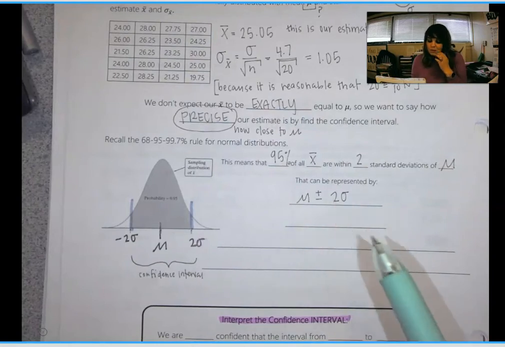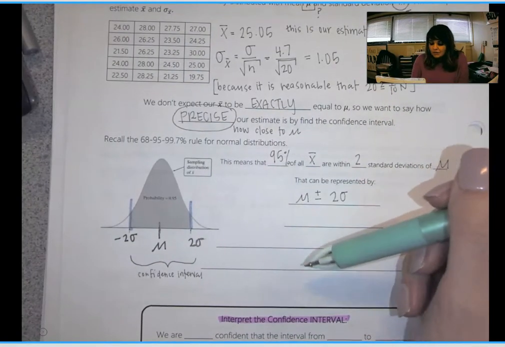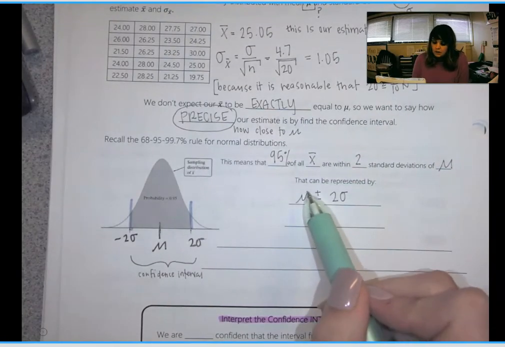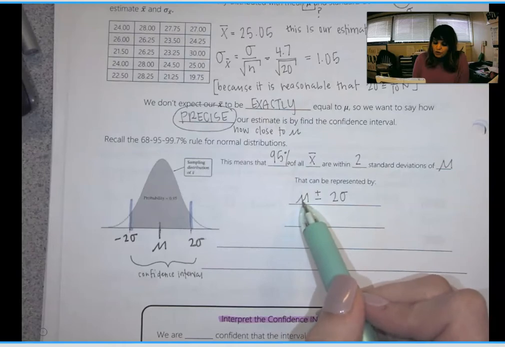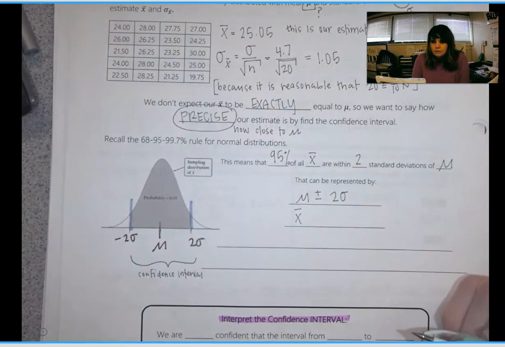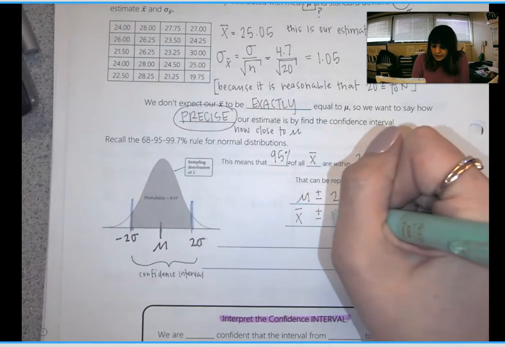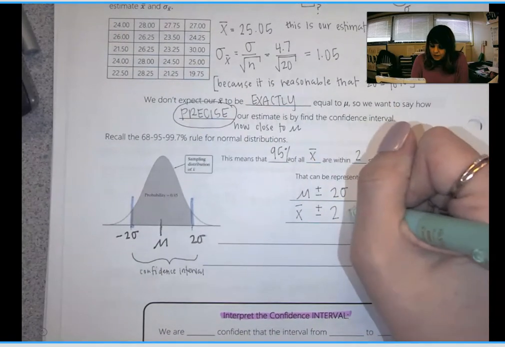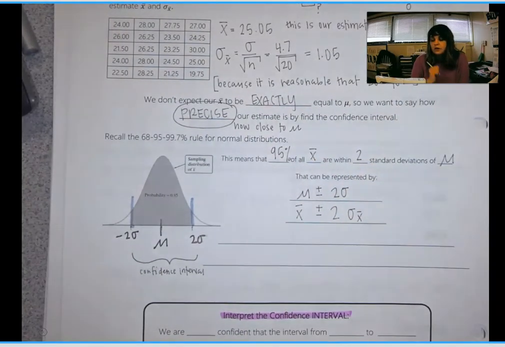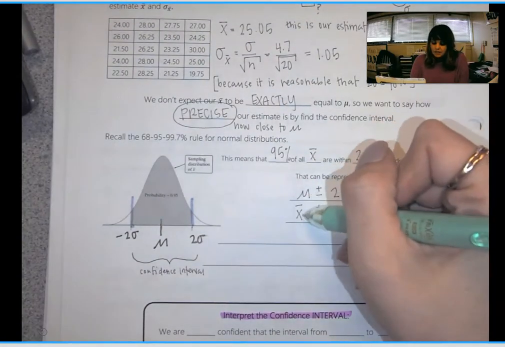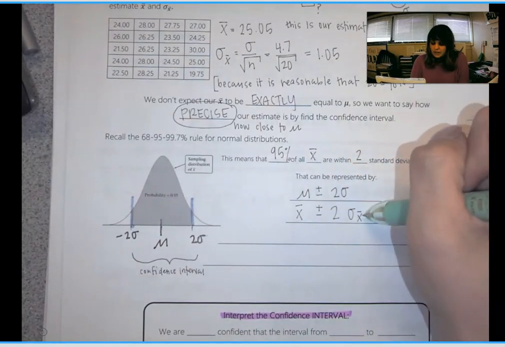So let's keep building on this. The next several lines are related. They follow each other. Well, what we use for true mu is X bar plus or minus 2, and what we use for sigma is sigma sub X bar. So instead of mu, we use x bar. Instead of sigma, we use sigma sub x bar.